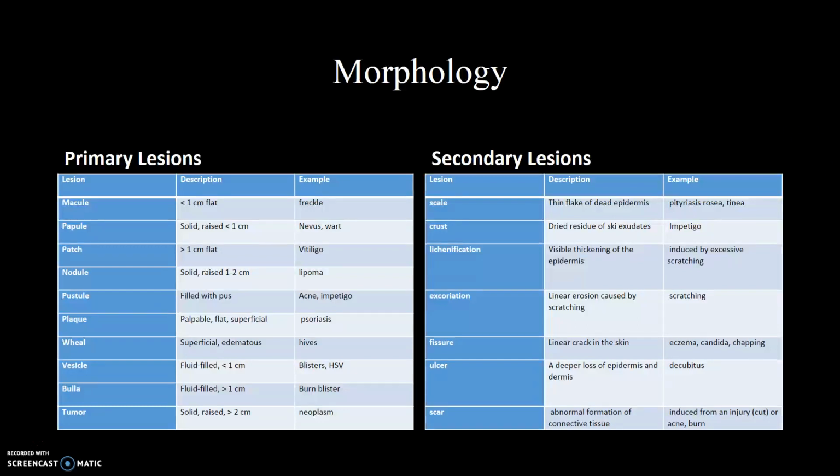And believe it or not, we often have 2 or 3 different types of descriptors and lesions going on. In today's case study, you'll see that we have a macular-papular rash. So there's some flat lesions that fit that description, and then there's some raised lesions that you can palpate and feel and see that they're raised.